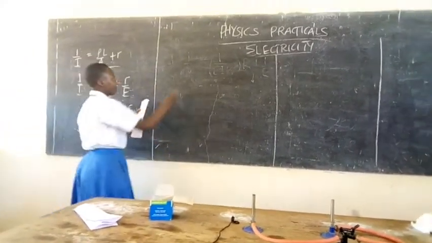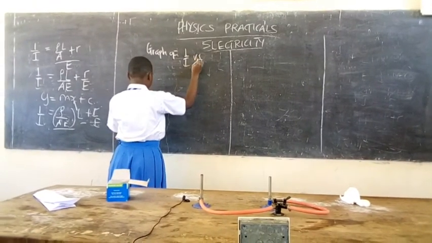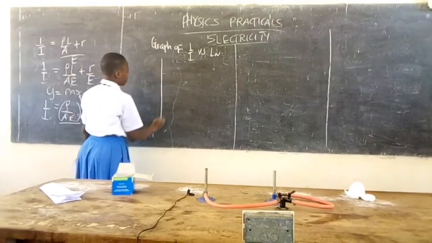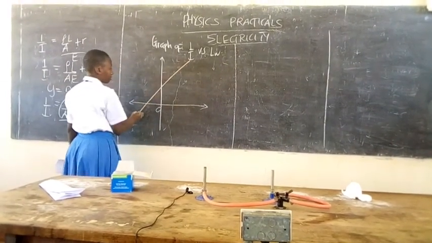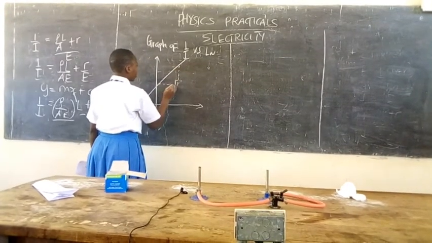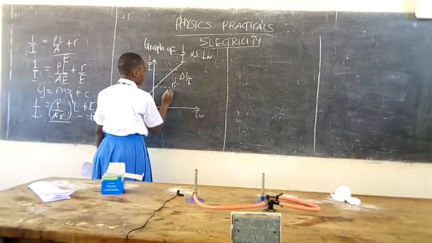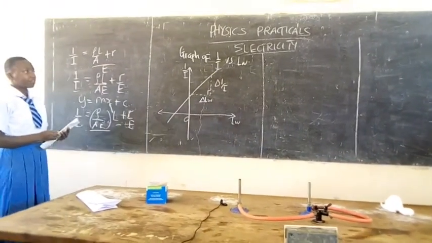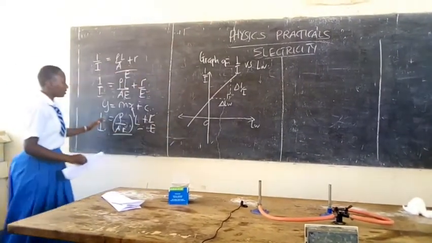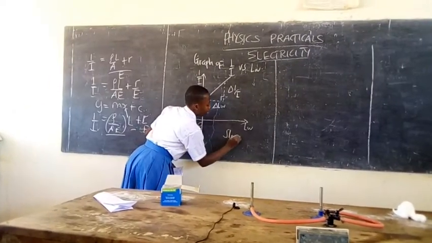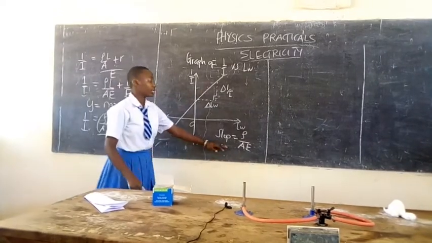Okay, the nature of the graph: graph of 1 over I versus L. Therefore, our aim was finding the resistivity of our wire. So after getting the slope, we equate that slope to resistivity over A E. From here, I can get the resistivity of the wire.